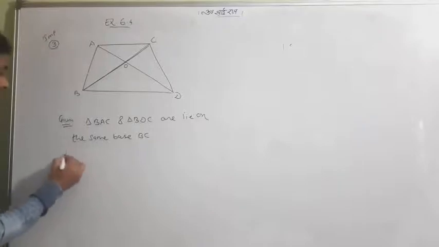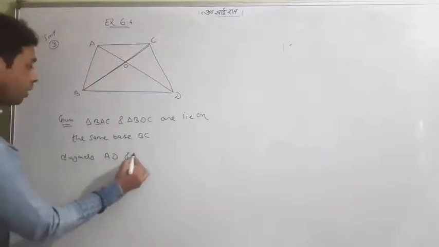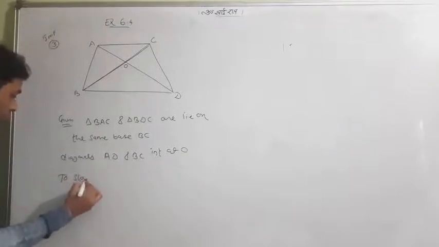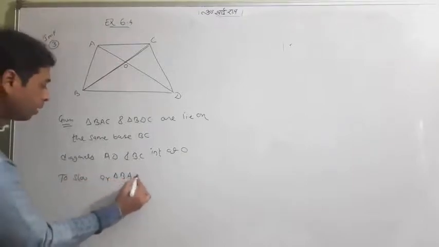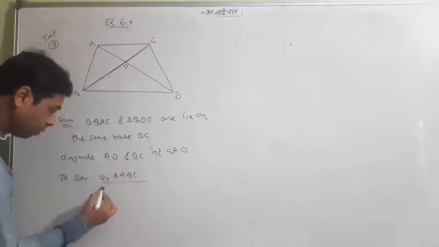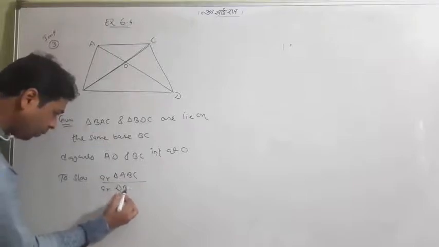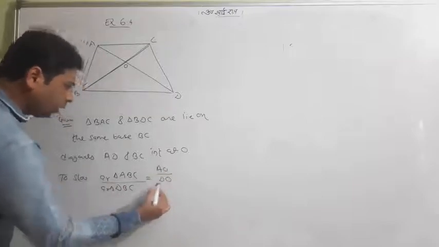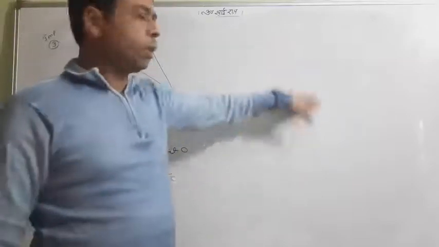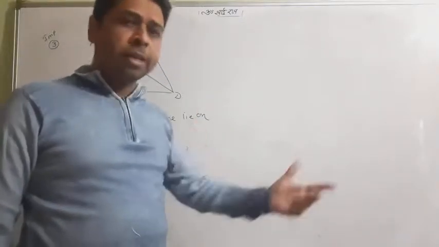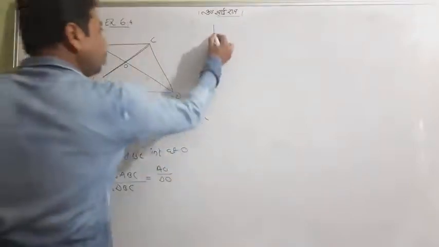One more thing, diagonals AD and BC intersect at O. To show: area of ABC upon area of DBC is equal to AO upon DO. This question is easy, but I think it is not from this exercise. It should be in the early part of the exercise, but okay, since it is coming right here, we will do it.